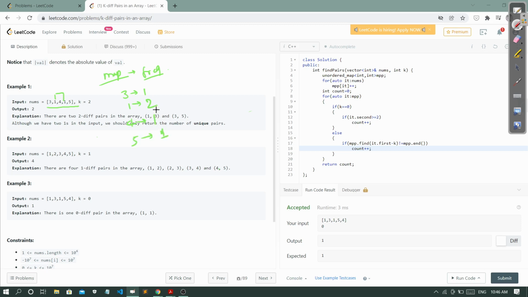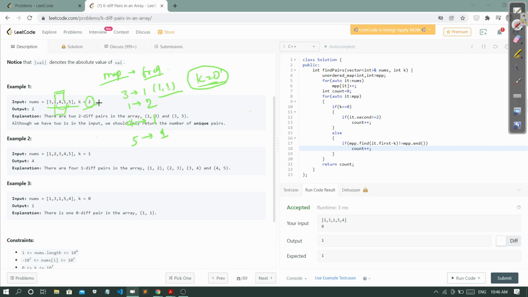In the frequency array, if k is equal to 0, this happens only when we get two elements that are equal. So here the equal element is 1, so we get only 1 1 as the required pair that gives k equal to 0.